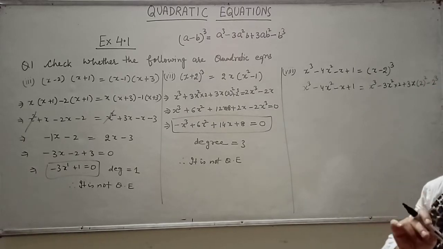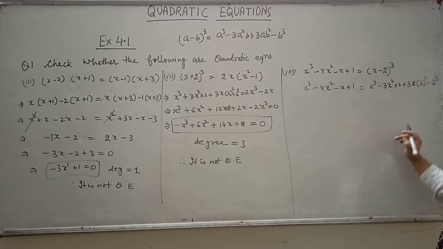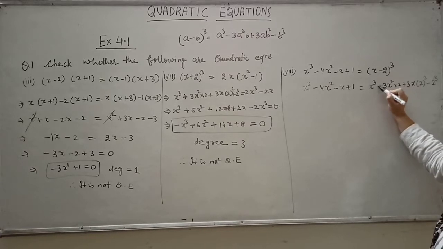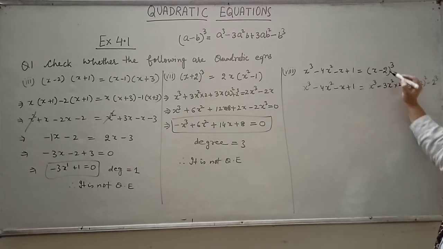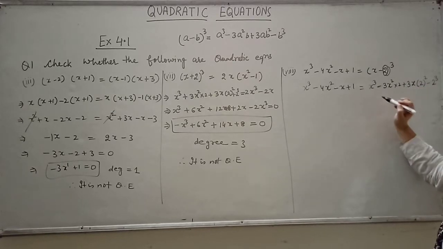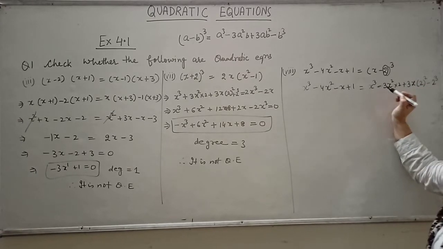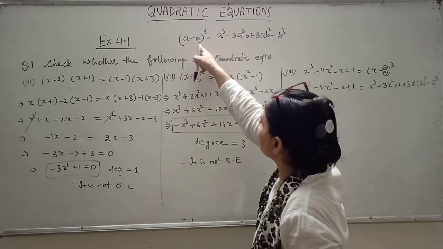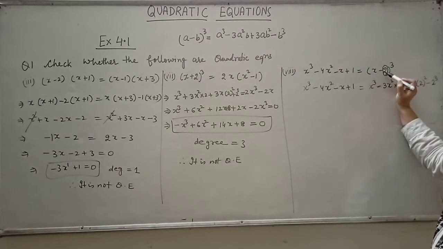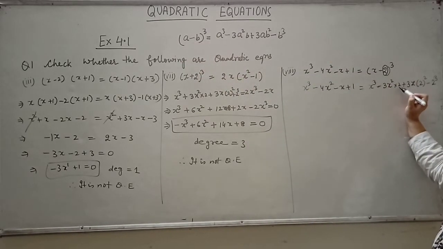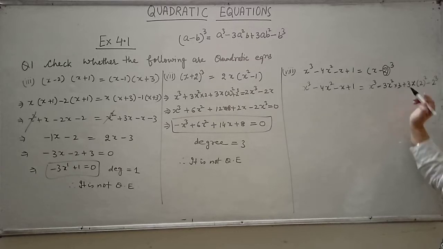Students, let me make this very clear to you. If you are taking the negative sign in the formula, then you will take this 2 as positive. If you are taking the formula as a plus b raised to power 3, then you can take this negative sign with this element.